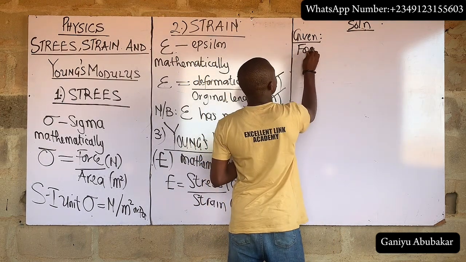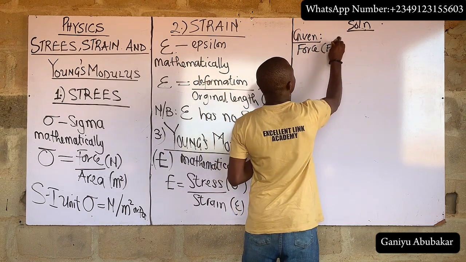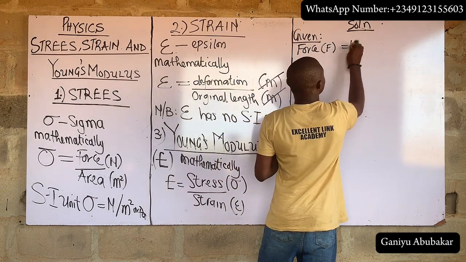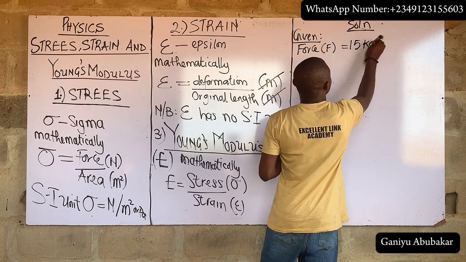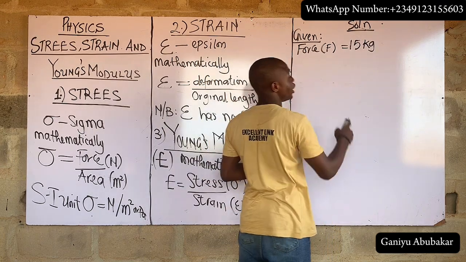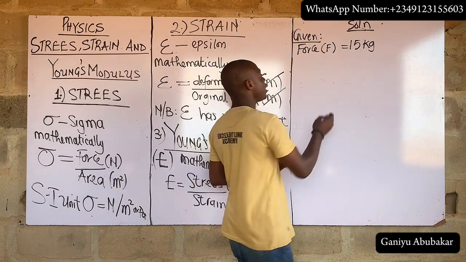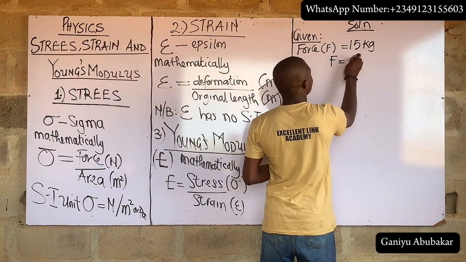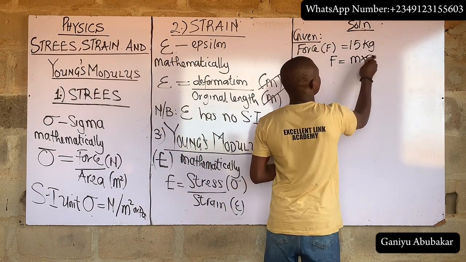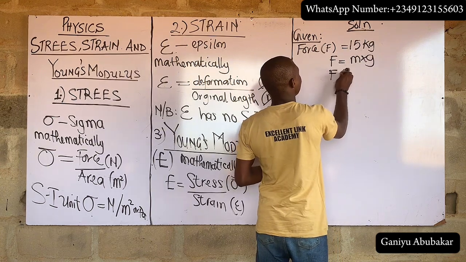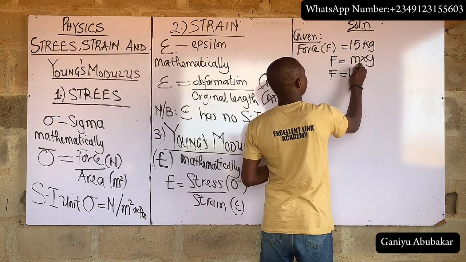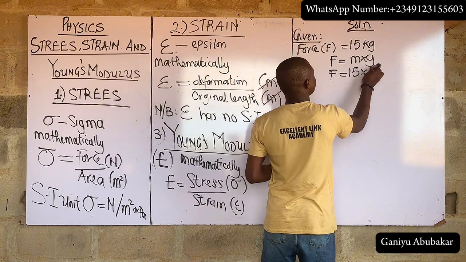So I'm giving force F to be 15 kilogram. But by the way, force is not in kilogram, perhaps in Newton. So at this point I'll say that force is mass times gravity, right? So force now is my mass, that's 15, times gravity, 9.8.